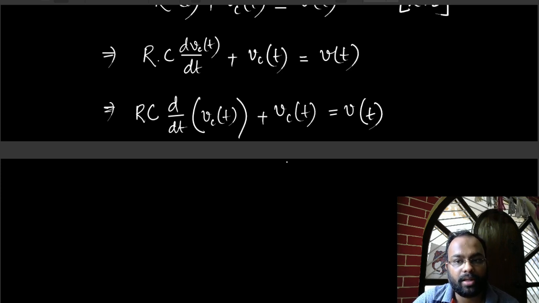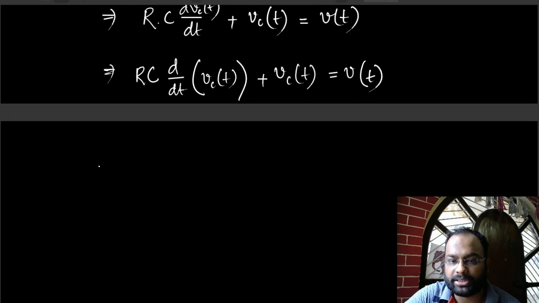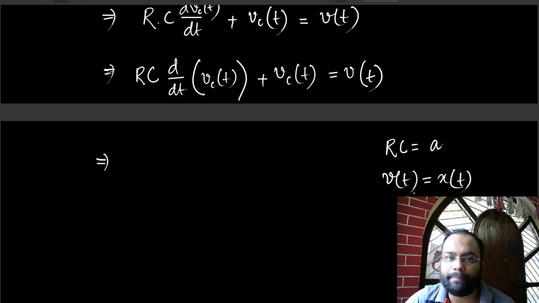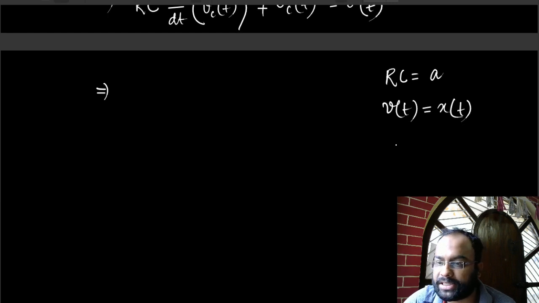Now for simplicity's sake, we are assuming a few things. We are assuming RC to be equal to A. And we are considering the voltage to be xt, because that's the input and we represent inputs with xt.